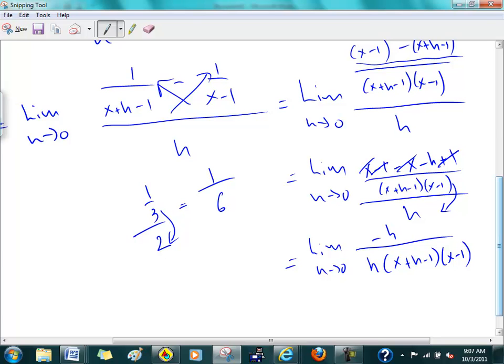Well, I need to cancel the h's first. Notice that the problem originally was that you couldn't put h equals 0. That's why you went through all this stuff and found out that h does cancel, and I can set it to 0 then, right? I can set that to 0, and I get minus 1 over x minus 1 quantity squared. Okay, is everybody here on this?